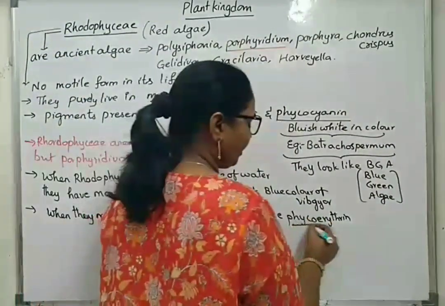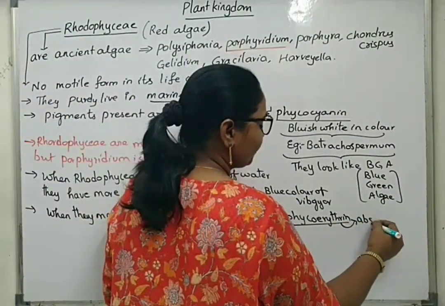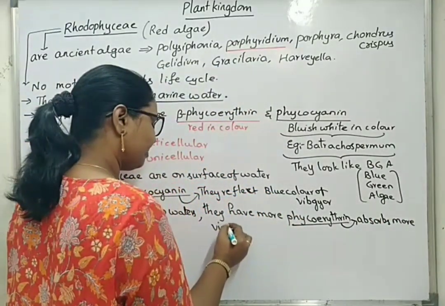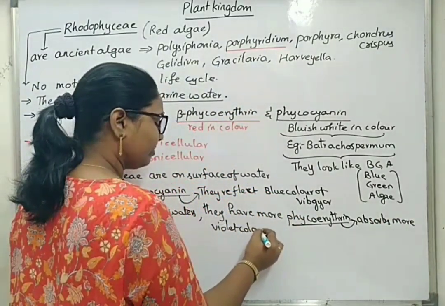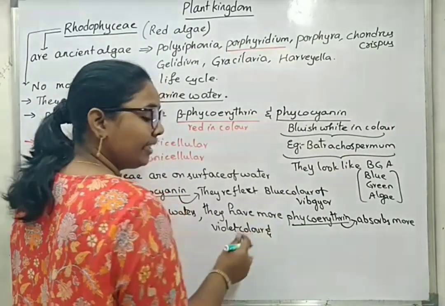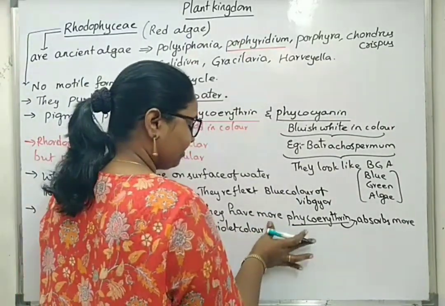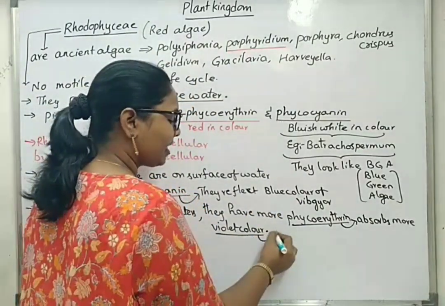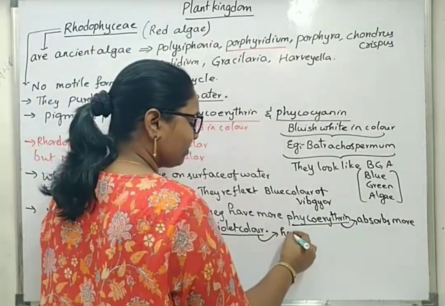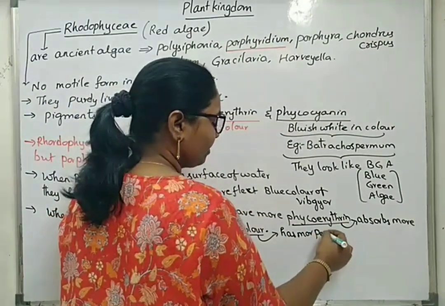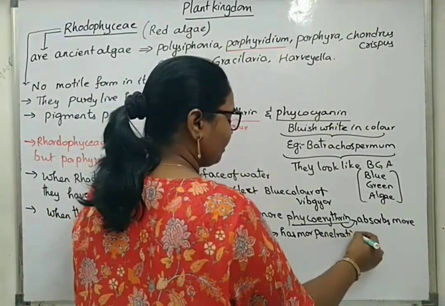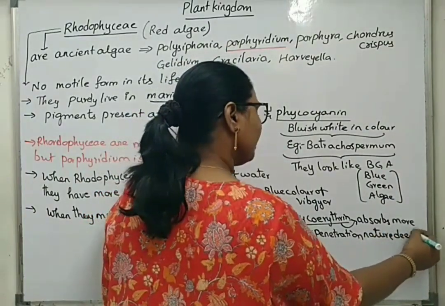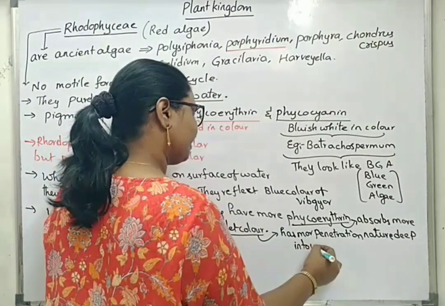Phycoerythrin absorbs more violet color and they reflect red color. They absorb more violet color because violet has more penetrating power deep into the waters.